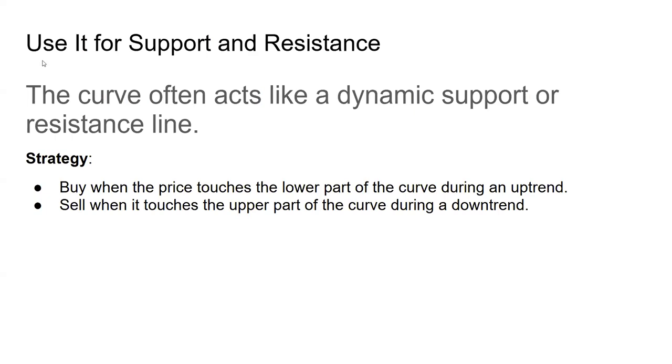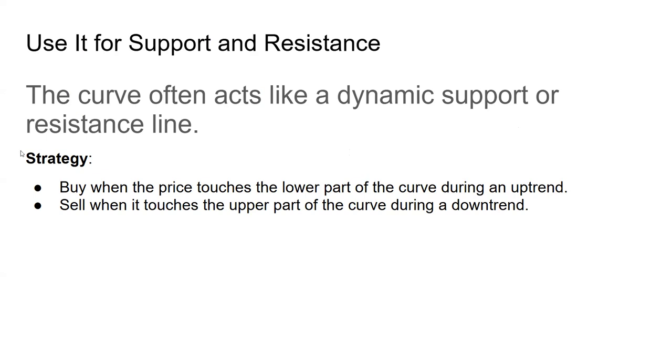So you can use it for support and resistance. Like linear regression, the linear regression line may act as support and resistance. Even this polynomial regression curve often acts like a dynamic support or resistance line.